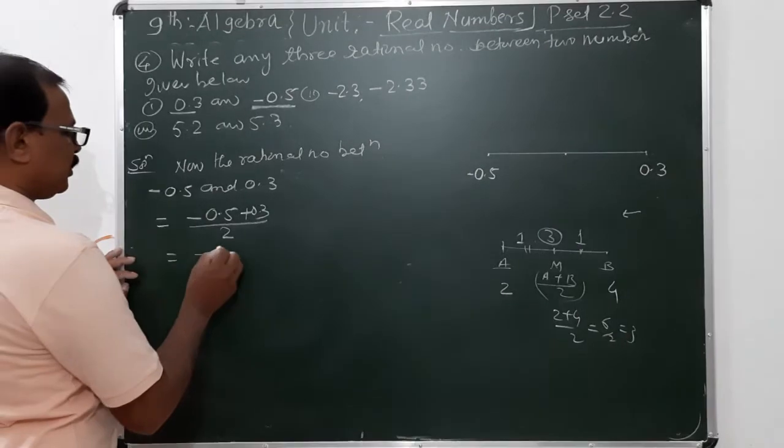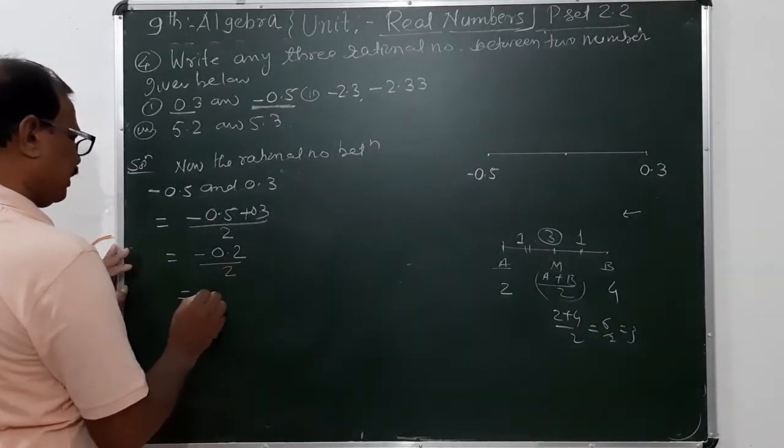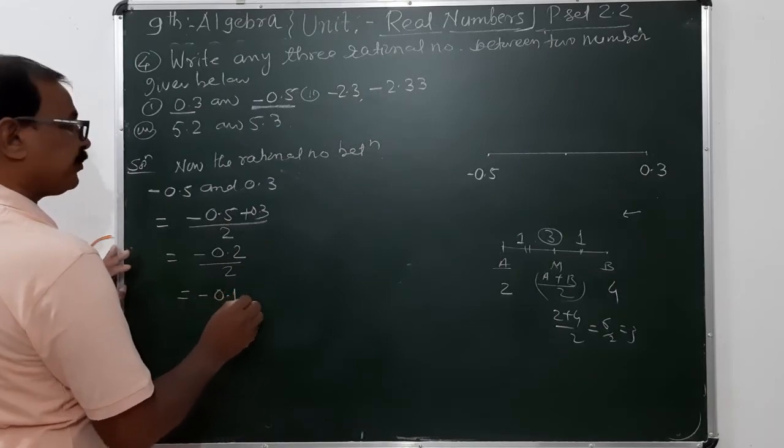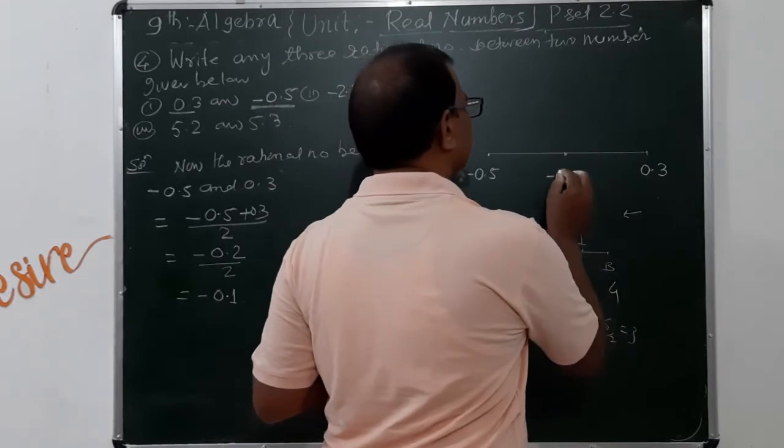So this is equal to minus 0.2 upon 2, that is equal to minus 0.1. So this is equal to minus 0.1.